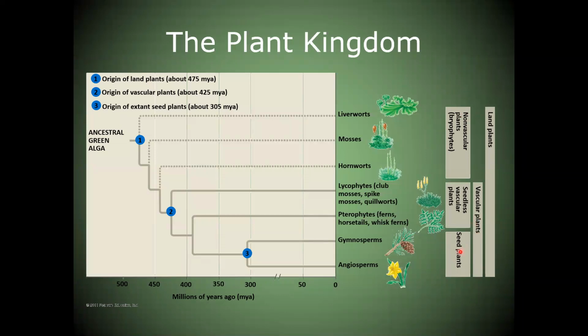And there are two groups of seed plants: flowering plants, the angiosperms, and the gymnosperms, which are non-flowering plants. All of those seed plants can be traced back to about 305 million years ago, which is also quite interesting, as there was a gap of about 100 million years between the evolution of vascular plants and the evolution of the actual seed.